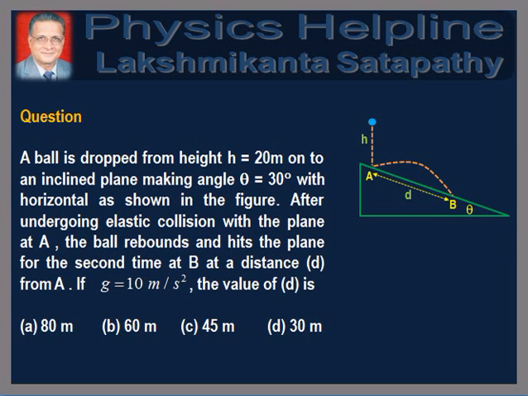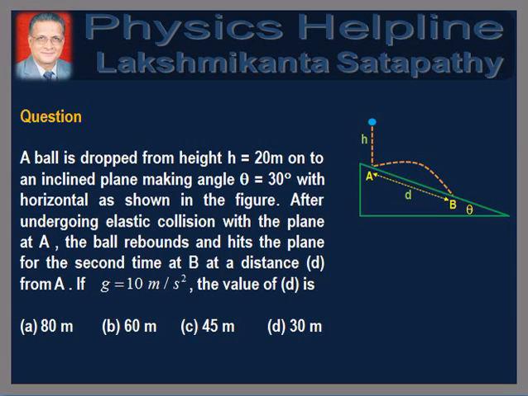A ball is dropped from height h equal to 20 meters onto an inclined plane making angle theta equal to 30 degrees with horizontal as shown in the figure.